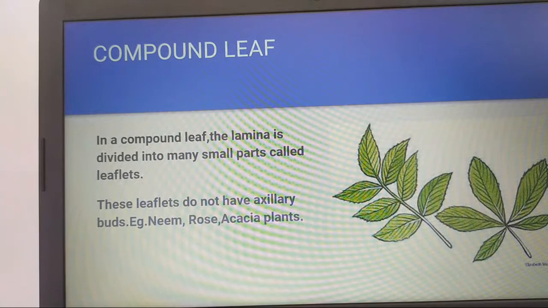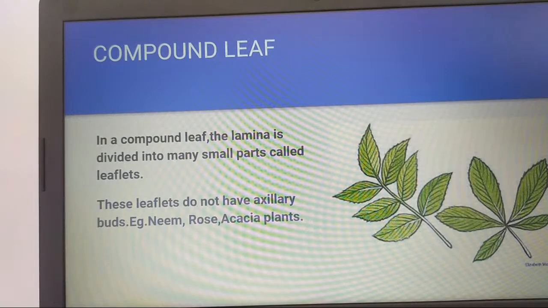Then the second point of difference. In a simple leaf, margins do not divide into small structures called leaflets. But in case of a compound leaf, it is divided into small parts called leaflets.